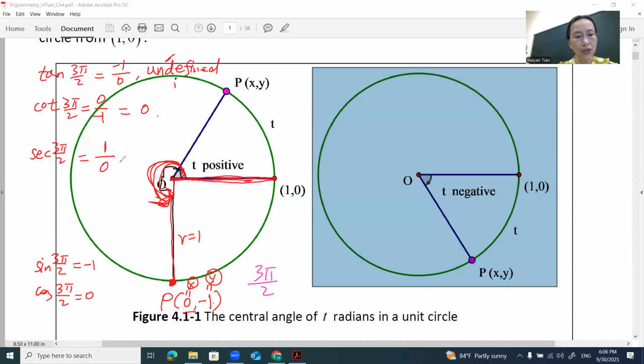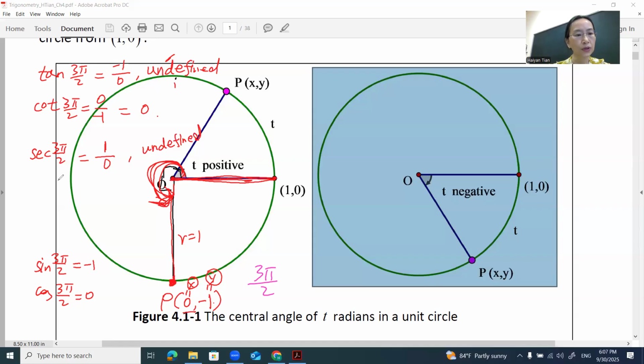You see, whenever the cosine is defined and has a value of 0, the secant must be undefined, right? We notice because of the 0 in the denominator. So also we know sine, secant and cosine functions are reciprocal to each other when they're both defined. So if one is 0, the other is undefined. So secant is undefined.